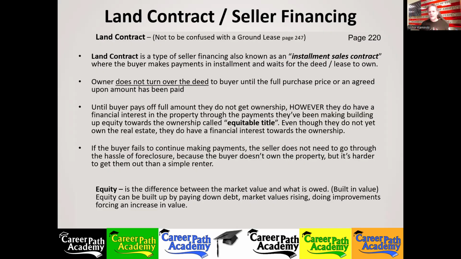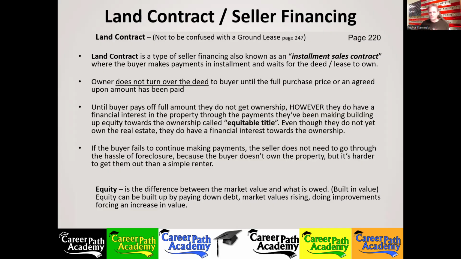In a land contract, it's a type of seller financing where the seller does not immediately give you the deed. It's kind of like a rent to own. That's why they refer to it as an installment sales contract. So a land contract, let me read here, is a type of seller financing, also known as an installment sales contract, where the buyer makes payments in installments and then they wait for the deed.